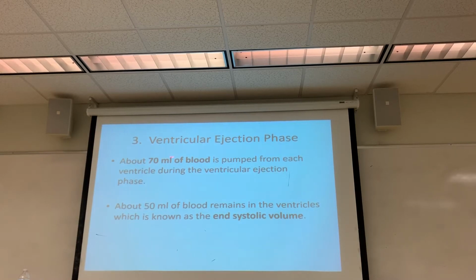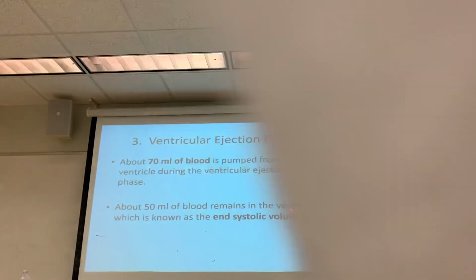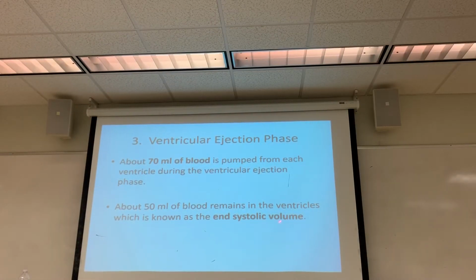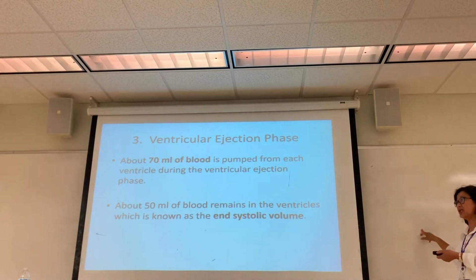So in this case, you have your 70 ml of blood pumping from each ventricle. 70 ml of blood pumping to the lungs, 70 ml of blood pumping to the aorta. Okay? So about 50 of blood remains in the ventricle.